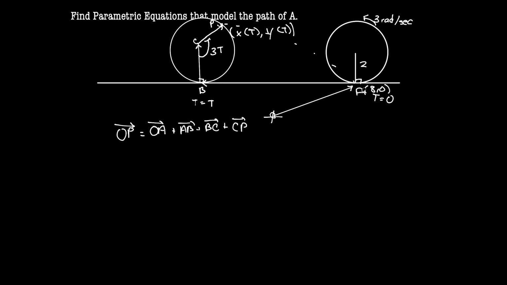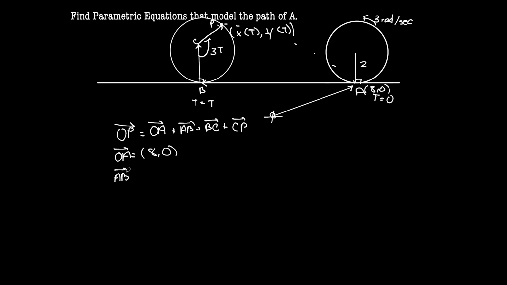We know the coordinates of A, so that gives us our OA vector. Technically the origin should be on this line, but just for convenience's sake, we're going to put it off to the side.